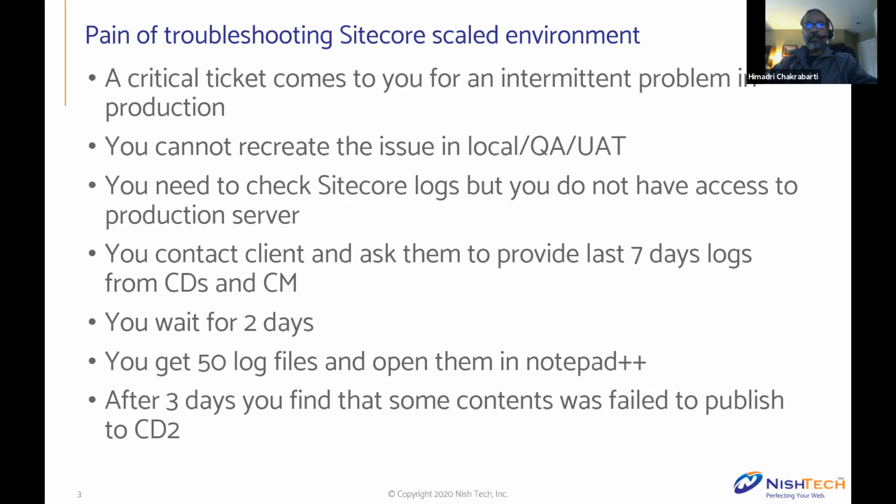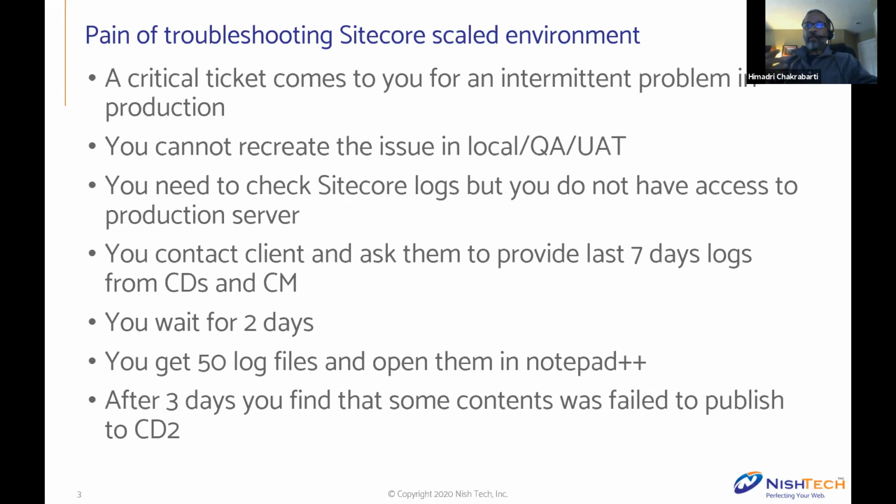The client contacts you and says something is wrong. The first thing you ask is for the production log, because Sitecore adds logging in the logs. It's not like you cannot add it in a different sink, but usually it is in the log. Usually you will not have access to the production server, so you have to ask someone else to provide all the logs.